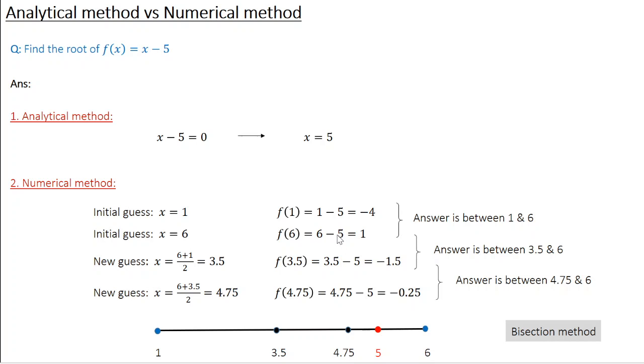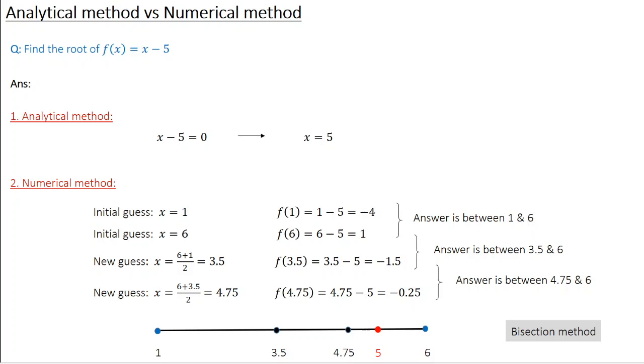Once again, if you look at these two, f of 6 is positive, f of 3.5 is negative, which means the actual answer is between 3.5 and 6. So you started with a wider range, now you are narrowing down your range.